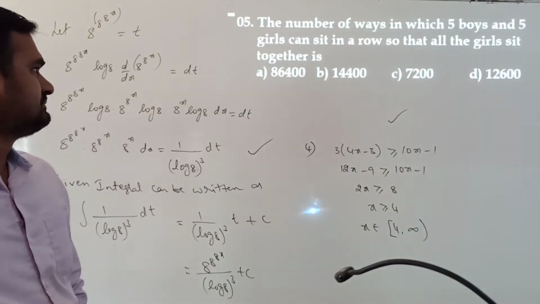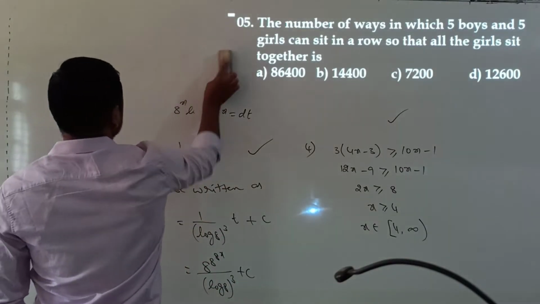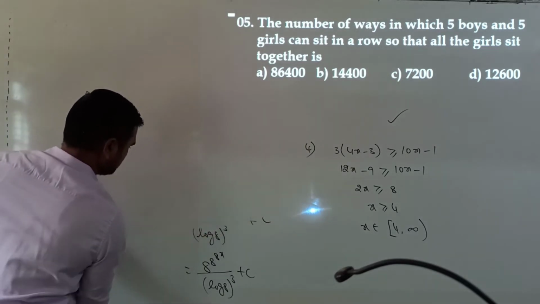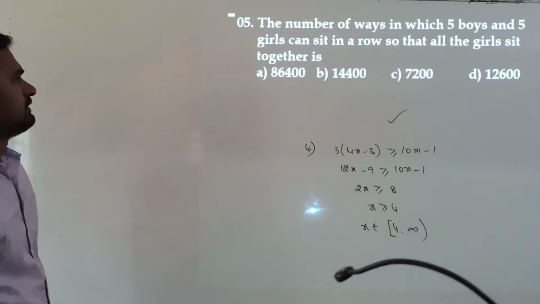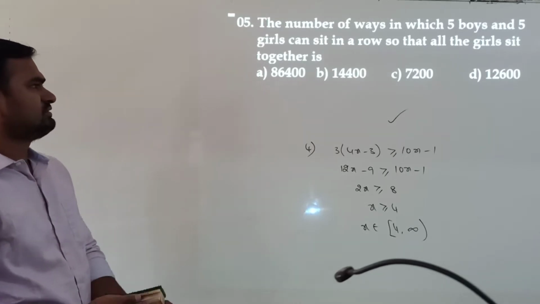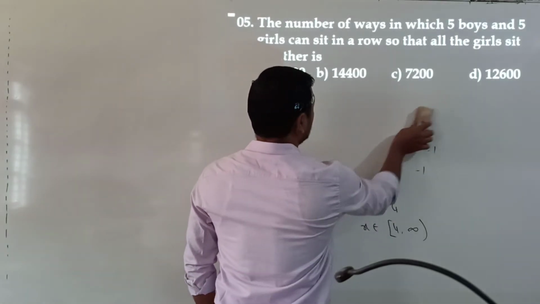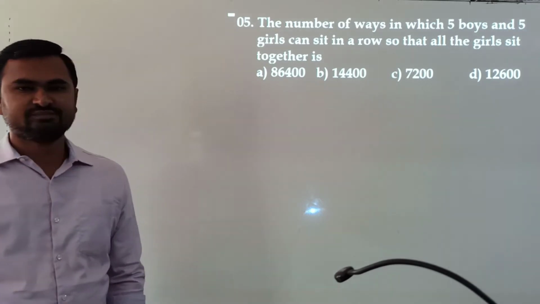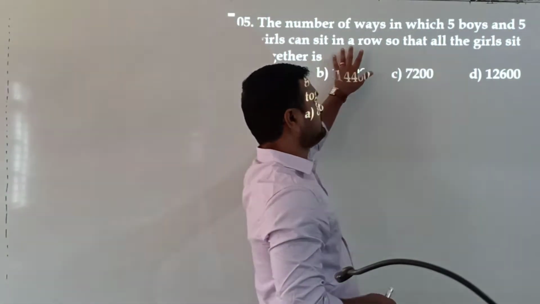Let us see the next question. The number of ways in which 5 boys and 5 girls can sit in a room so that all the girls sit together. Now 5 boys and 5 girls are given. Now we need arrangements where all the 5 girls sit together.